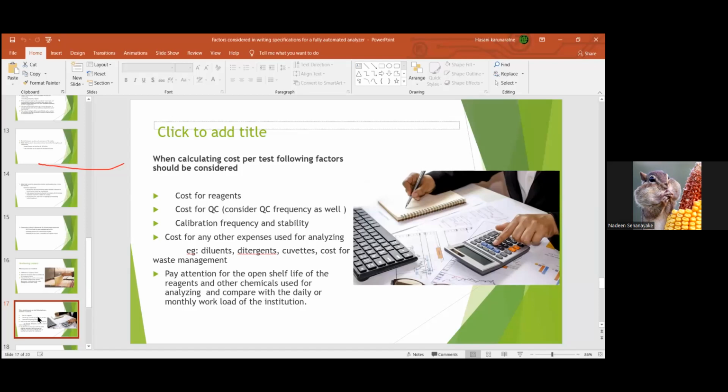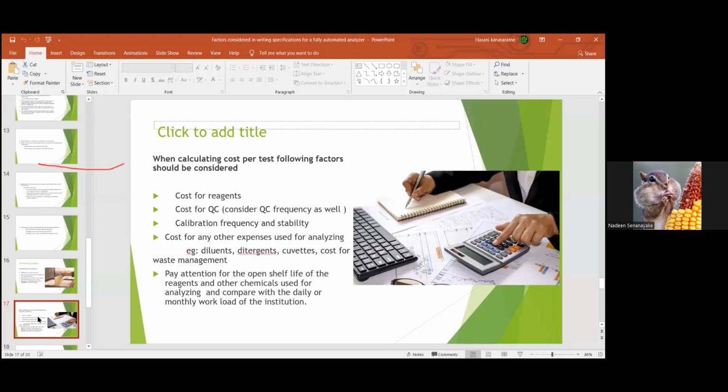And some reagents, when we open them, we can keep for 3 months, some less than 3 months. And some companies have reagent vials where from 1 vial we can do 50 tests, and the same company may have vials which can do 100.